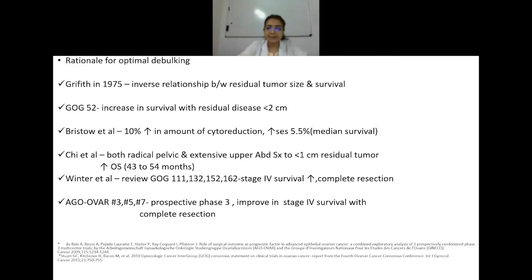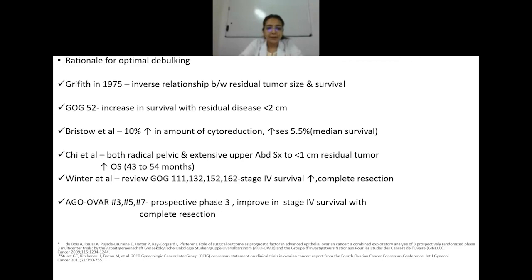Chi et al. said both radical pelvic and extensive abdominal surgeries to decrease the residual tumor volume to less than 1 centimeter increase the overall survival from 43 to 54 months. Winter et al. reviewed GOG 111, 132, 152, 162, and they stated that even in stage 4, survival increases with complete macroscopic resection.